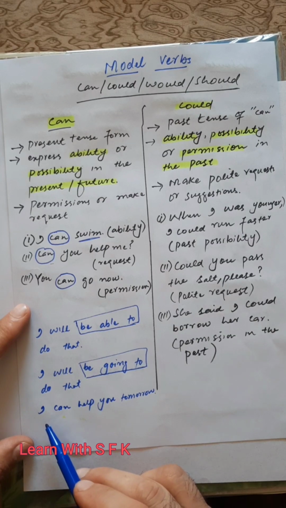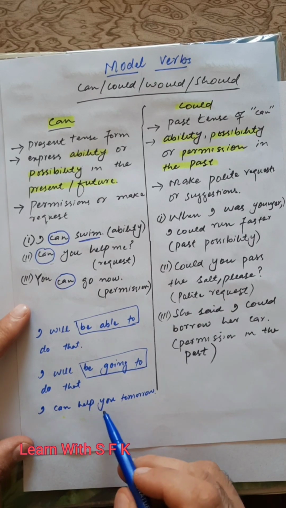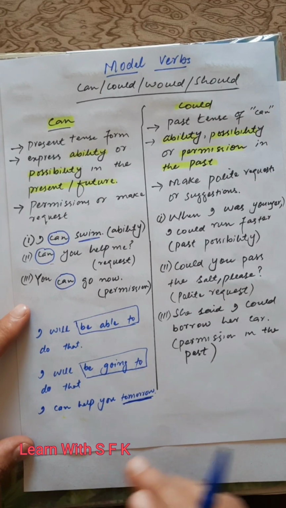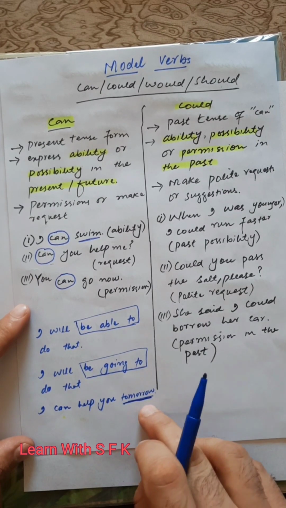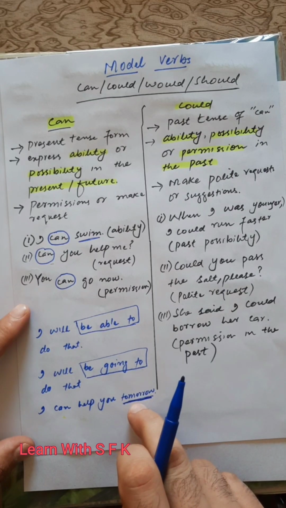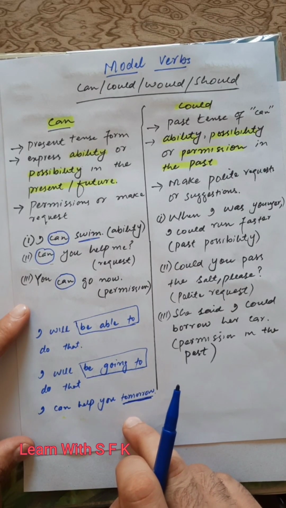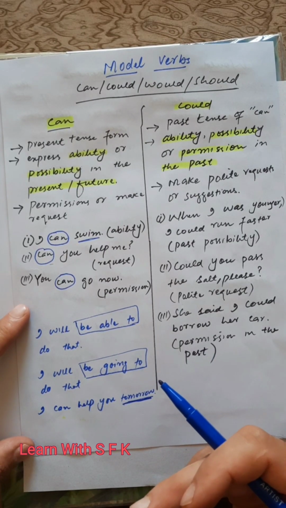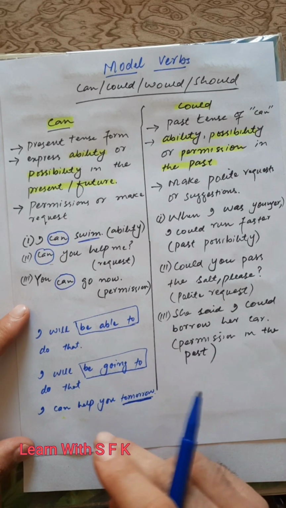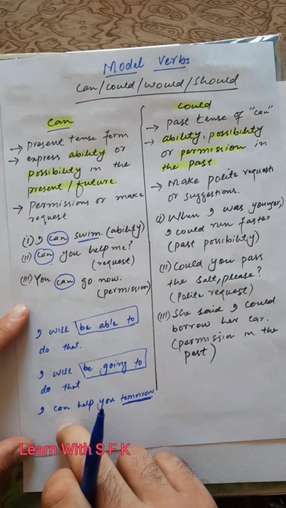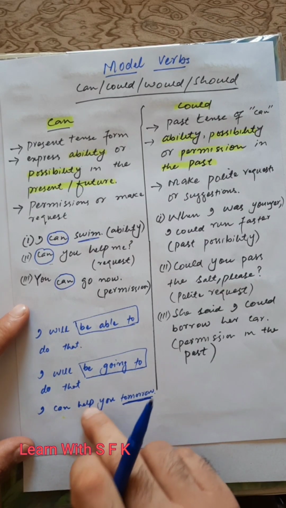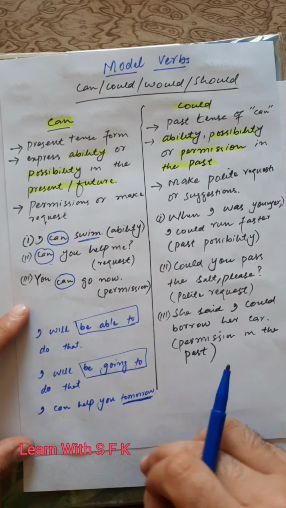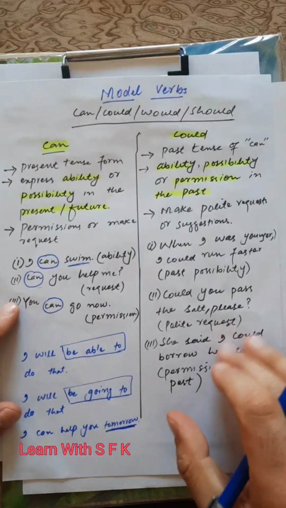For example, if I say I can help you tomorrow, the word tomorrow is showing the future tense. From this word I can guess that I am talking about the future. So if you want to use can in future tense sentences, you have to use some words indicating the future.